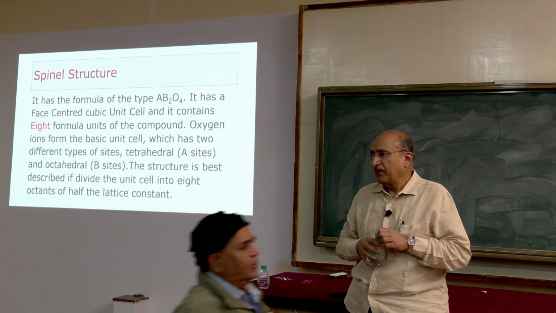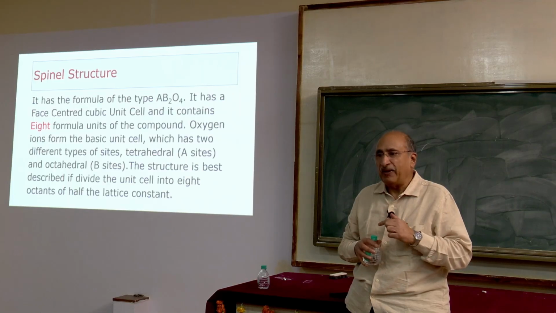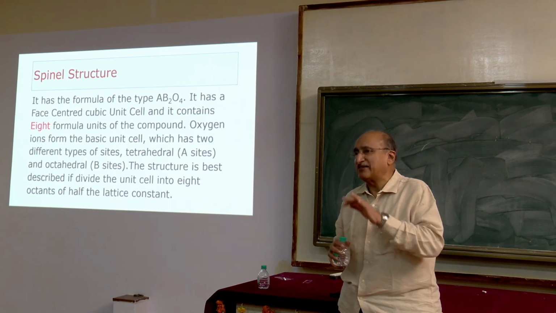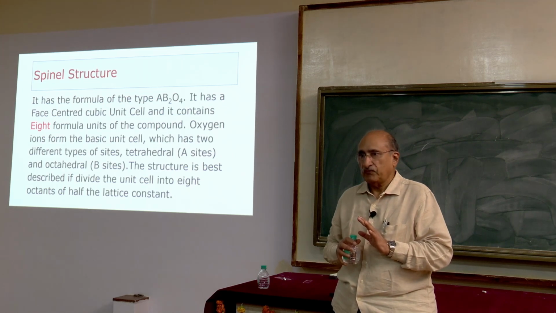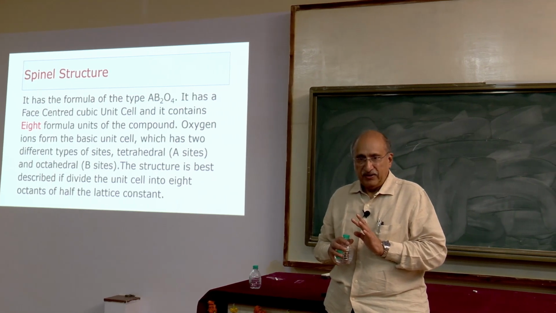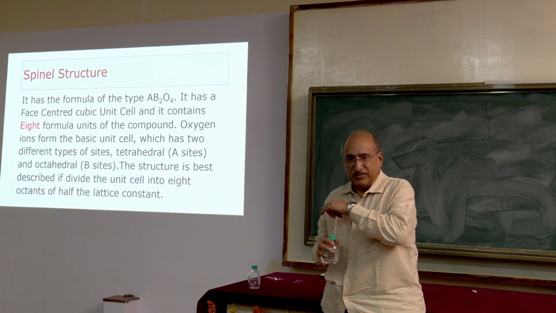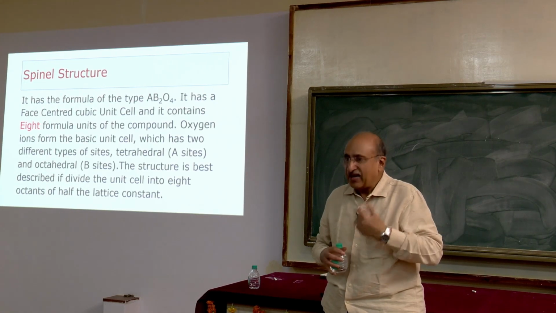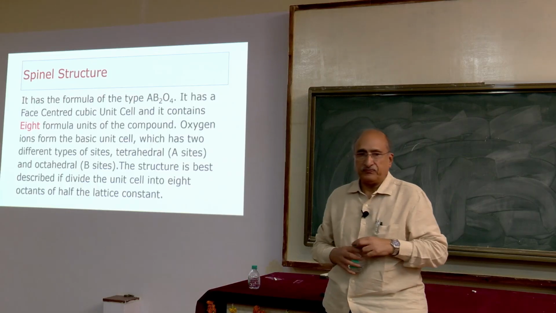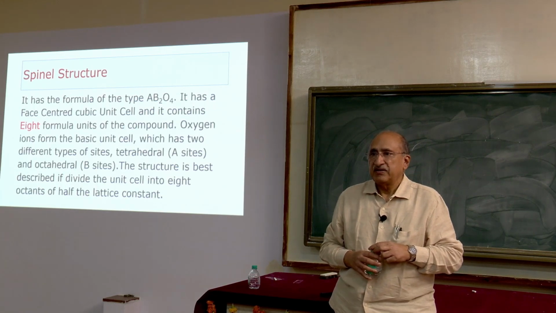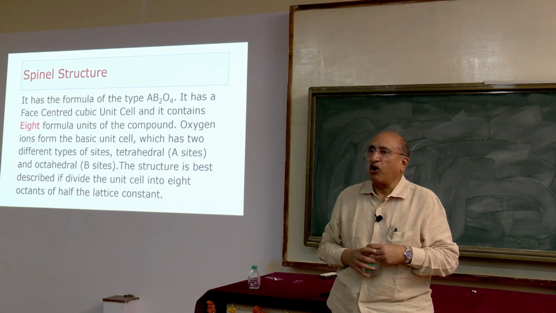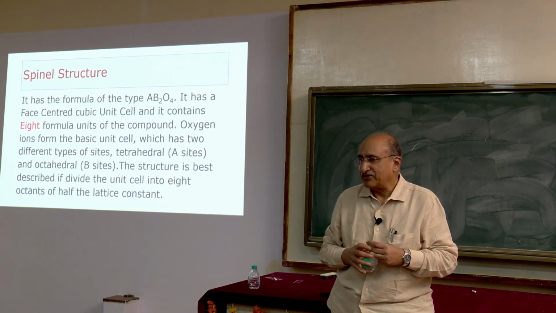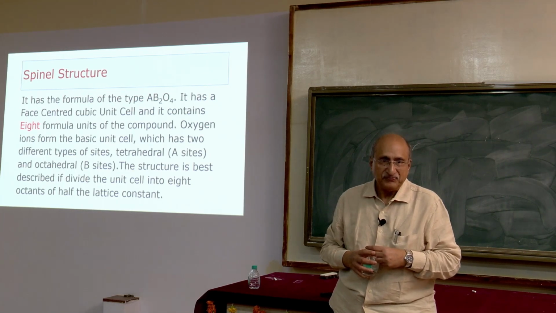Let me tell you that I am describing this structure in a fashion which is reasonably different from the way it's described in textbooks. See, as I said, solid state physics people always want to talk in terms of a lattice and a basis, and I, being a solid state physicist, prefer to describe it that way.